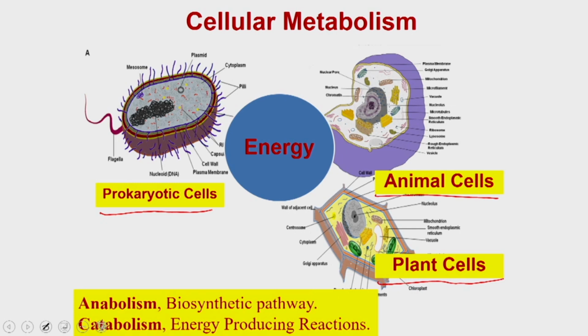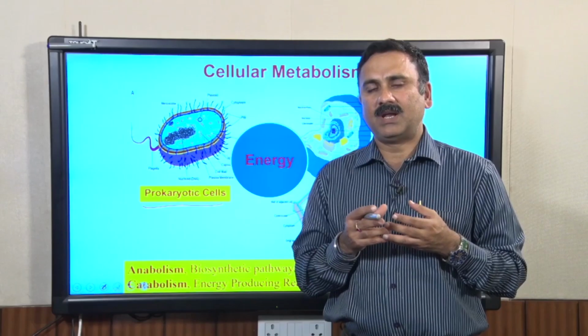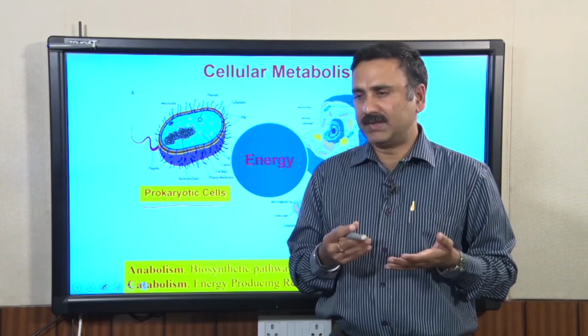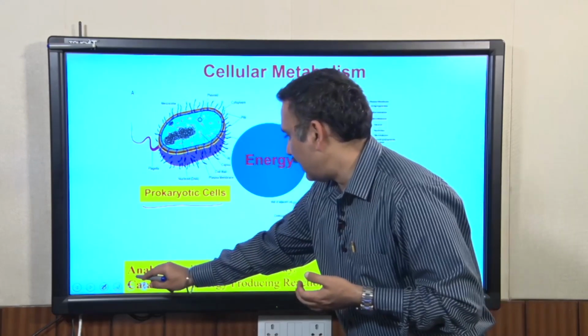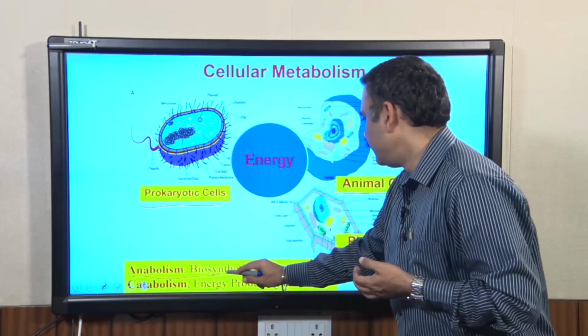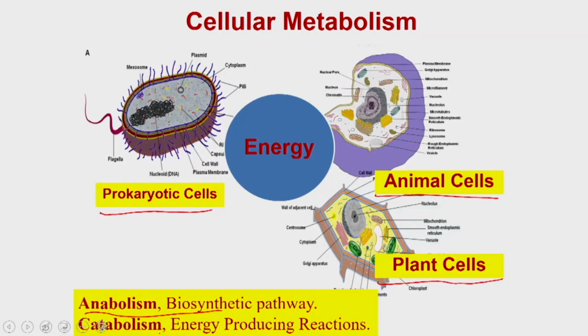They require this energy to run the various metabolic reactions to drive their life cycle or lifespan, and to divide and grow from one cell to many more cells. There are majorly two different types of metabolic reactions happening in host cells. These are called anabolic reactions and catabolic reactions.